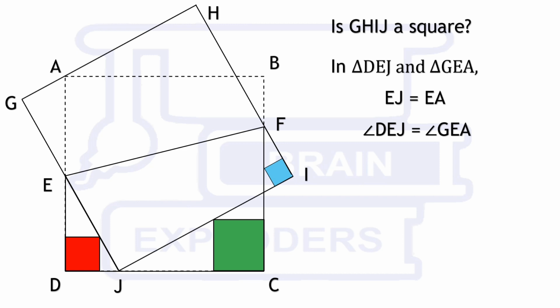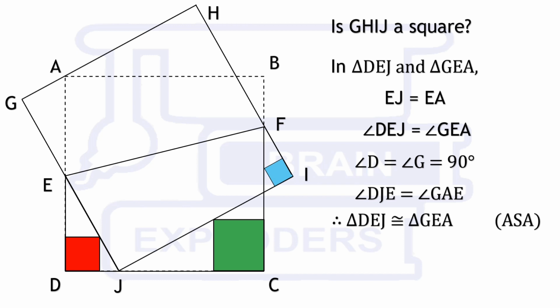Also angle D and angle G are equal to 90 degrees. Therefore the left angle DJE must also be equal to angle GAE. Therefore we get triangle DEJ is congruent to triangle GEA by angle side angle congruency.